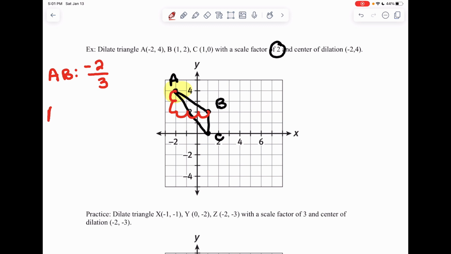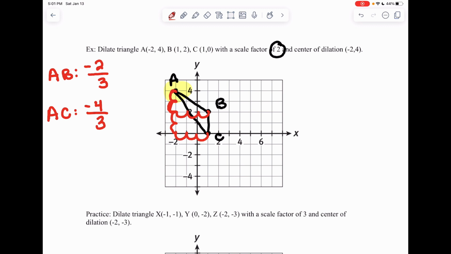And then I need to find the slope from A to C. So from A to C, it looks like I go down 1, 2, 3, 4, and over 1, 2, 3. That is step 1, finding the slope from the center of dilation to each remaining point.